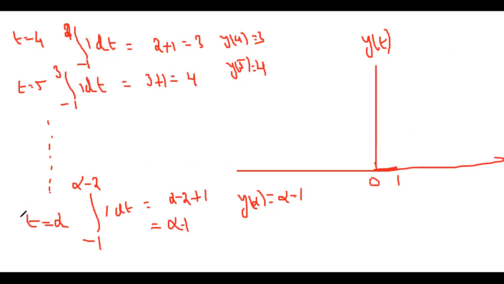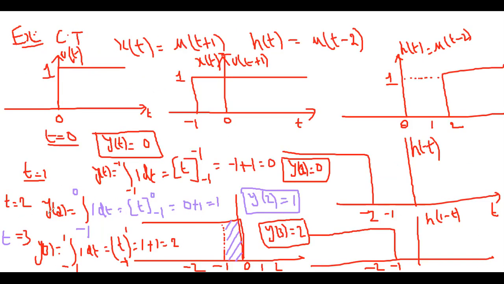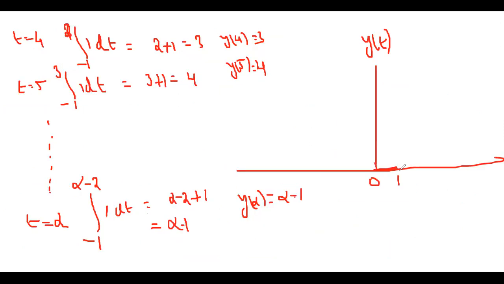Now, at t is equal to 2 onwards, it increases 1, 2, 3 and so on. Slowly it increases.